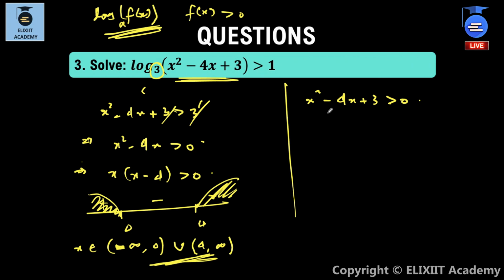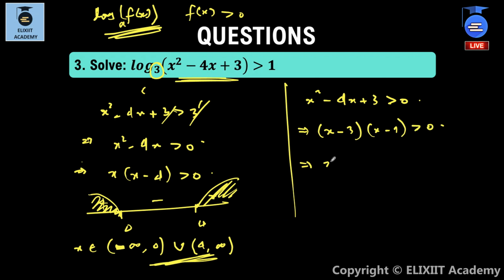If this does not lie, we are going to take the intersection basically, nothing else. Simple intersection. Solve these two inequalities separately and take the intersection. In case of inequalities, take care of the domain, I am telling you. So factorize this. Minus 3x minus x, so this is x minus 3 and x minus 1, which must be greater than 0.